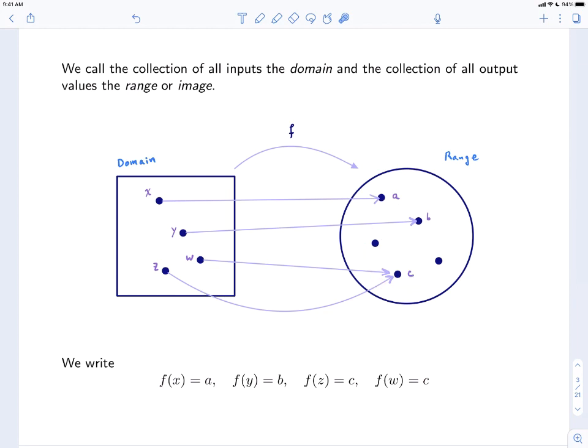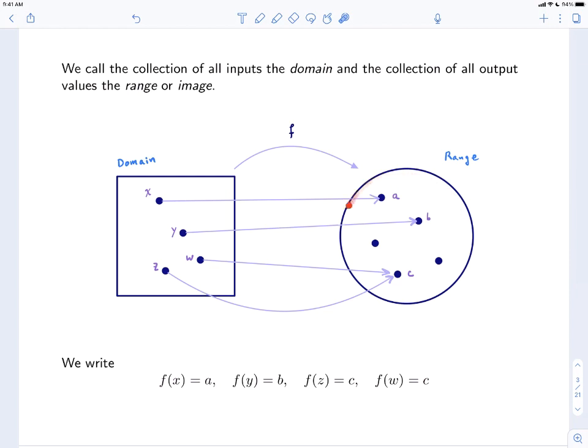Notice also that there are some points here that are not the output of the function. That's okay too. The function needs to assign an output to every point in the domain, but the range is the collection of outputs, and there might be some other points which don't get included in that. That's fine.